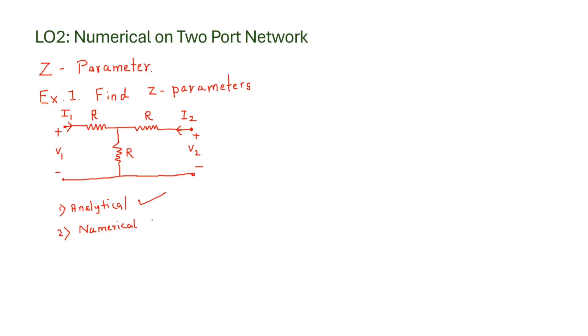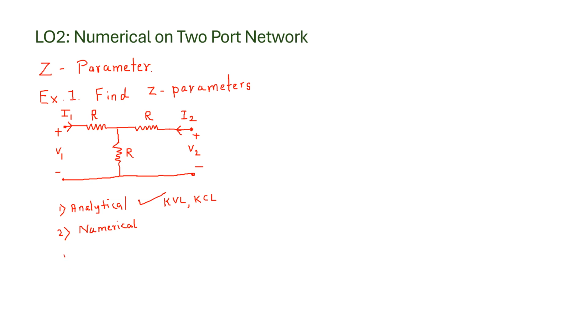So what is the analytical approach? In the analytical approach, we write a set of equations, KVL and KCL, and after writing these equations, we manipulate them so as to bring them into the standard equations of Z parameters. Now, what is the standard equation for Z parameters?